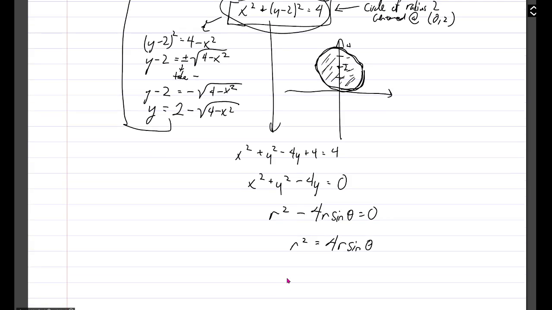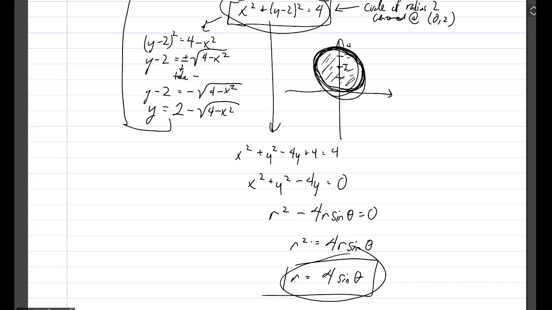If we divide both sides by r, assuming r is not 0, kind of a usual calculus limit argument here, let's not worry about it too much here. But we'll have r is equal to 4 times sine of theta. And it is, in fact, this equation right here that describes the boundary of this filled-in circle. So in polar coordinates, it's the same circle that you travel around using r is equal to 4 sine theta.